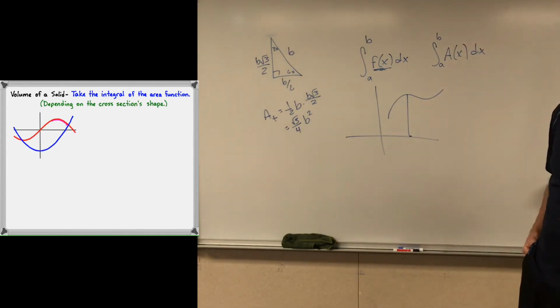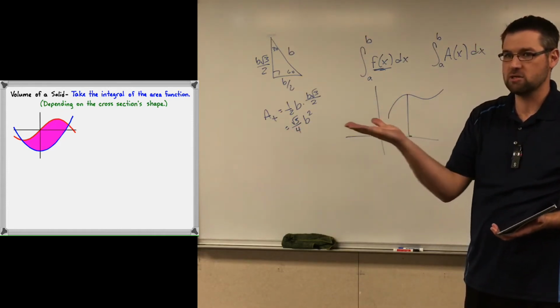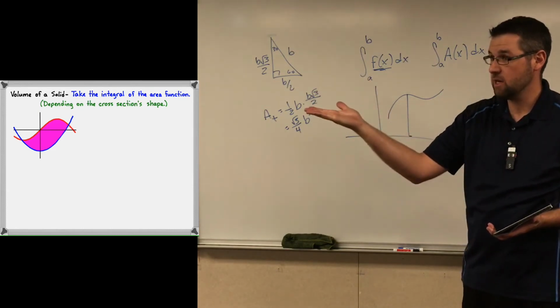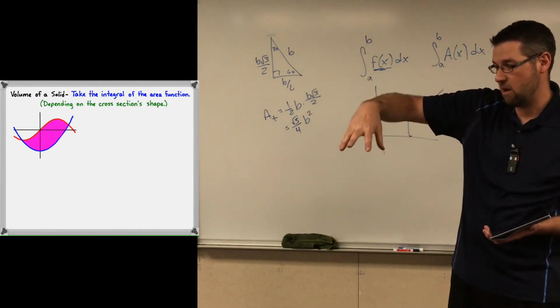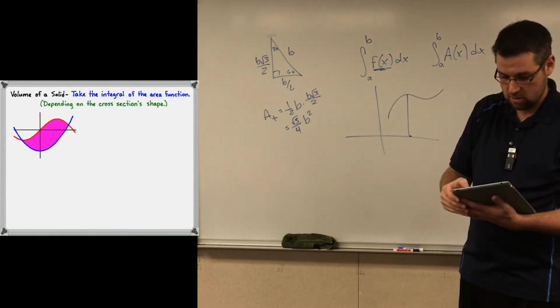And I know you guys are looking at the notes, but let's say this was the base of an object. So it's like a paperweight. There's a flat side to it, right? This is the flat side, okay? And from that, we're going to get some sort of shape coming up out of the top of it, okay?